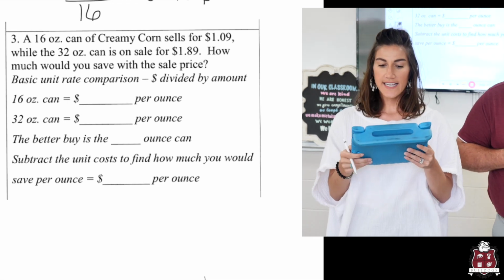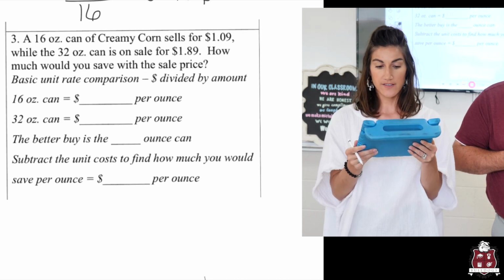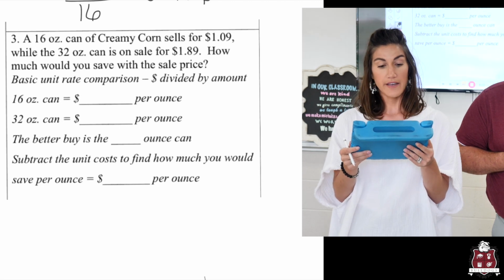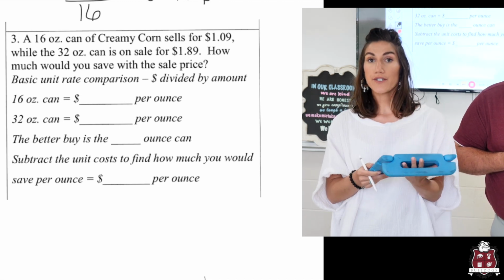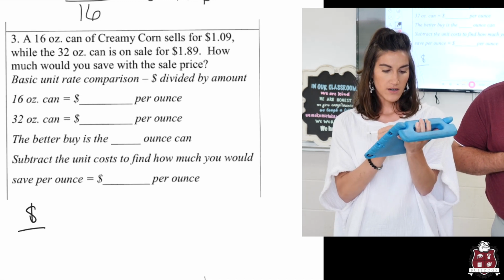We've got a 16-ounce can of creamy corn that sells for $1.09, while the 32-ounce can is on sale for $1.89. How much would you save with this sale price? So we're going to use unit rate again here, saying our money divided by our ounces.